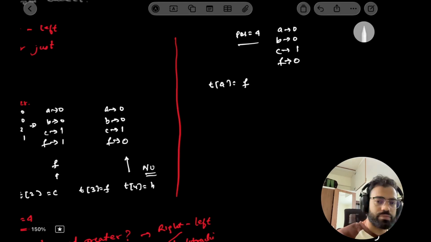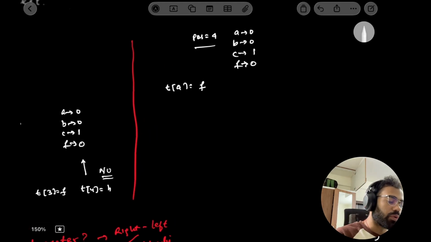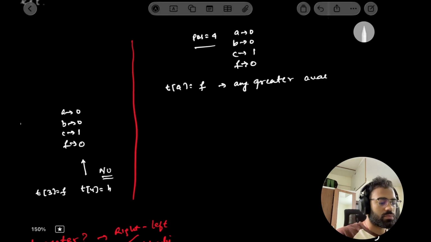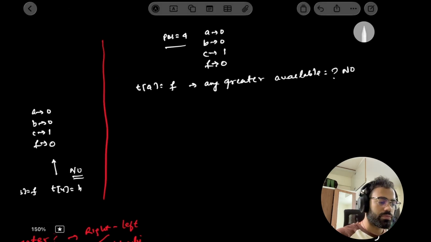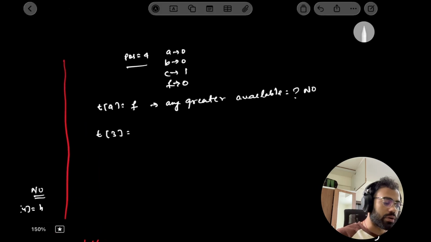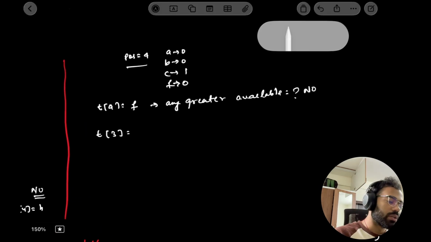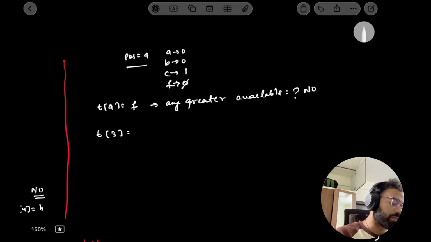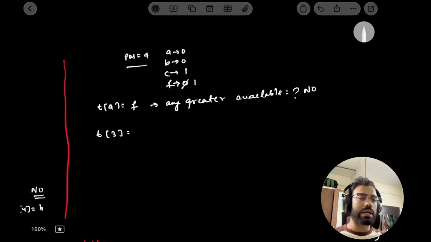Which equals F. Now for this position, is there any greater available? No. So we'll go to T of 3, and if not available, we increase the frequency of F. So we increase the frequency of that. We return back the character.